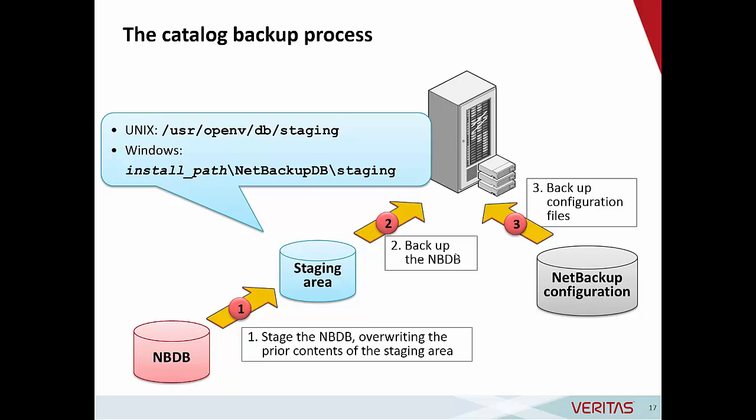The first child job is going to stage the database. What it's really going to do is a dump. It's going to take the contents of the NetBackup database and dump it to the staging path, which is shown here on the slide. The second child job comes along and backs up the NBDB data from that staging area. And then the third child job backs up the image catalog files and the rest of the flat configuration files in the NetBackup catalogs.